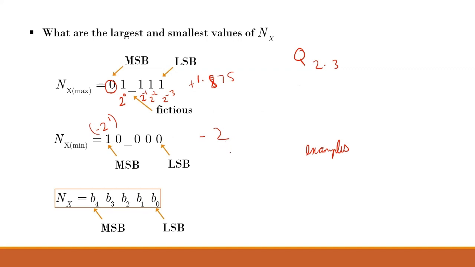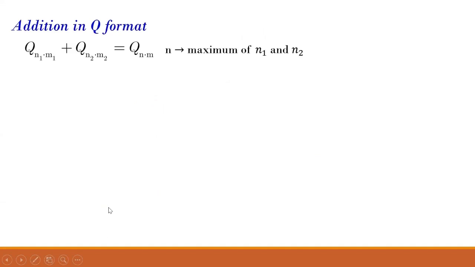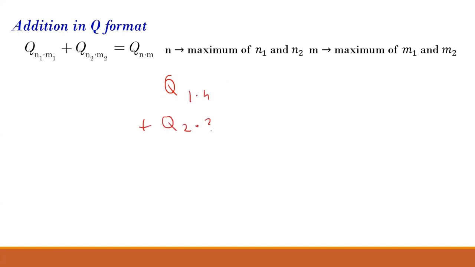Any queries in this? Okay. So over here, my MSB is my sign bit. Now what happens if I'm doing Q1.4 plus Q2.3?